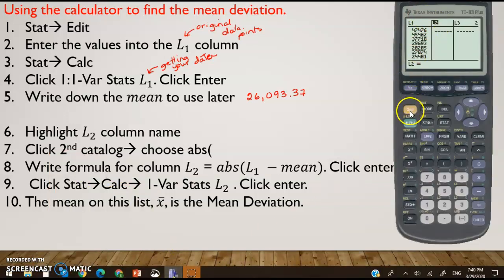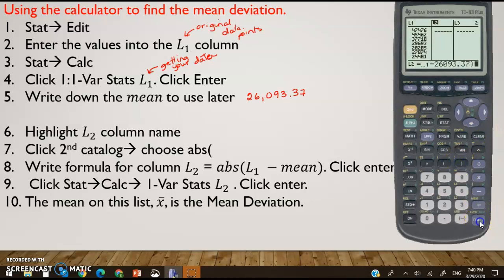Alright, so up here I'm going to hit second, 0. First thing in the line is absolute value, so you hit enter. Each item from my column, L1, minus the mean that we wrote down, which is 26,093.37.